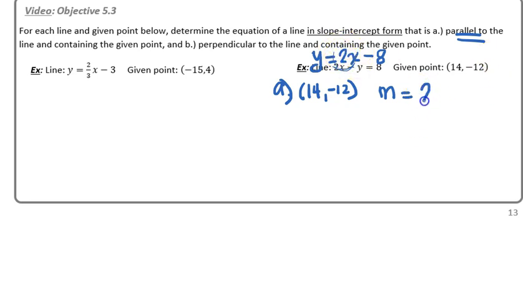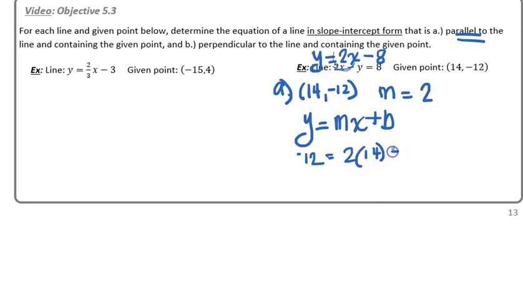So we're using the same slope, the slope of 2. So we'll go to y equals mx plus b, and we'll substitute in everything we know. We've got a y of negative 12. We've got a slope of 2. We've got an x of 14. And we have an unknown y-intercept b.